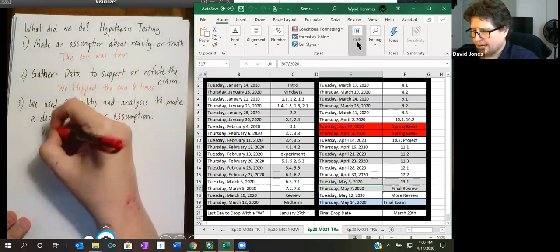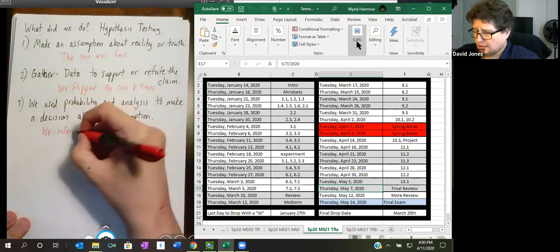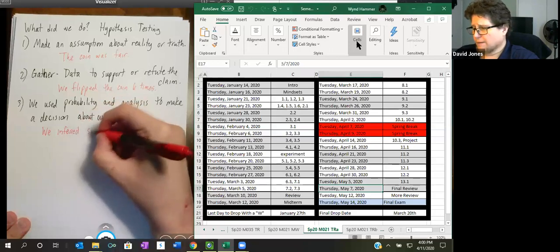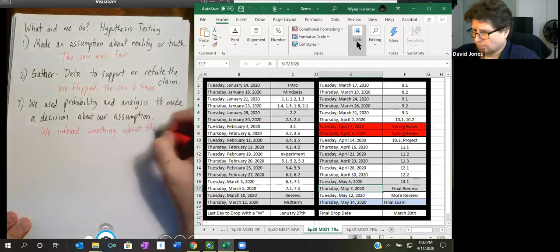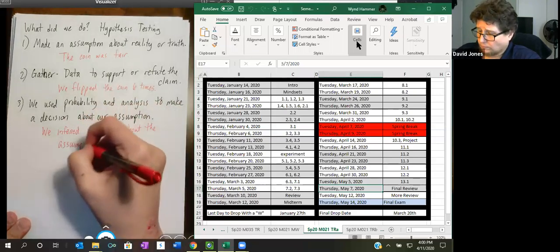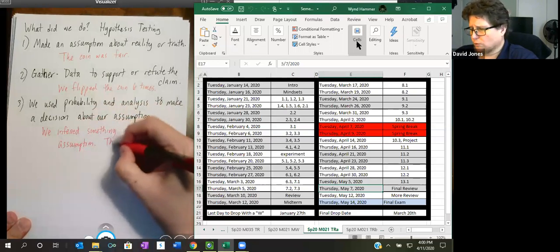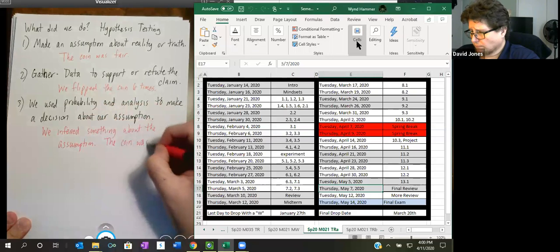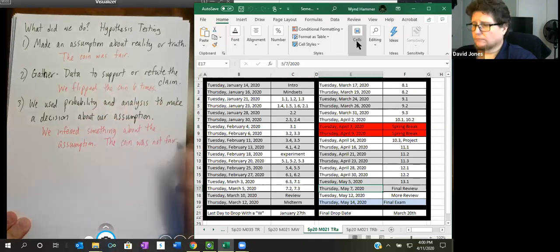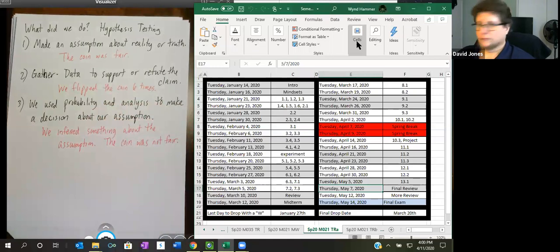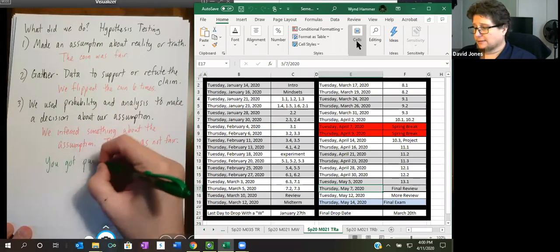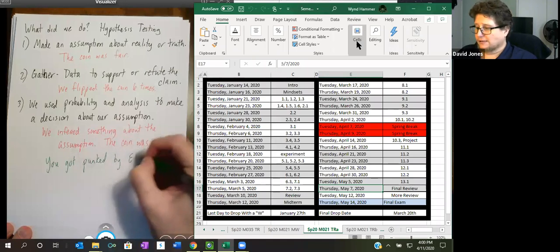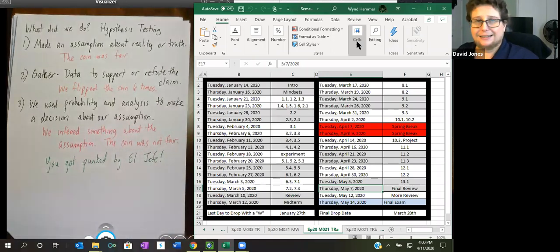Or we inferred something about the reality, about the assumption. In our case, the coin was not fair. Okay? Which means you got had, you got punked.